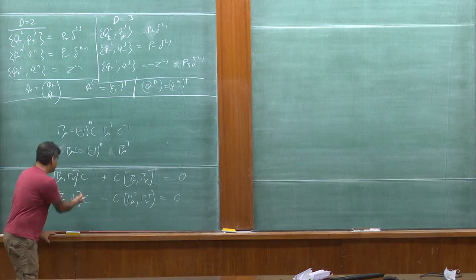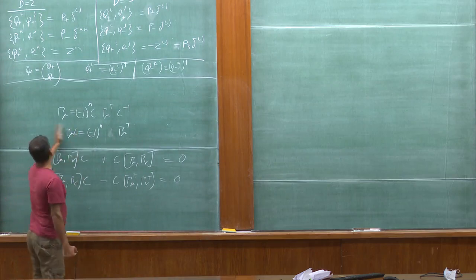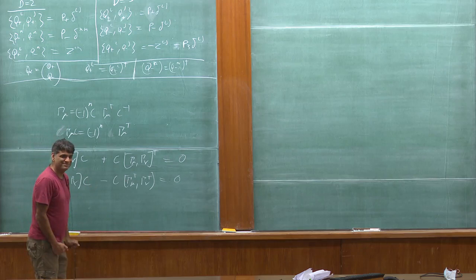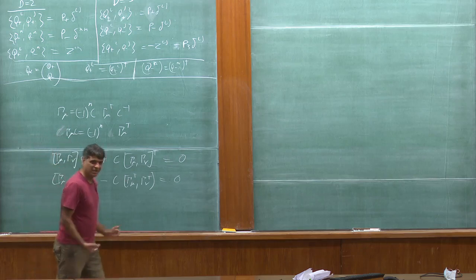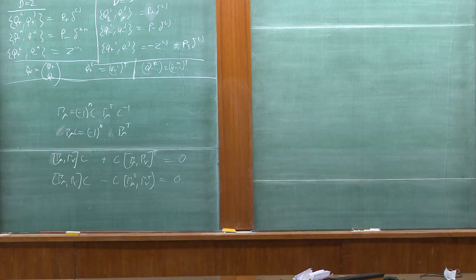Okay? But this is true because we just take the C through all of these and they become transposes. So the fact that C transposes the matrices basically is the statement that it's a Lorentz invariant when it's regarded as both indices down.